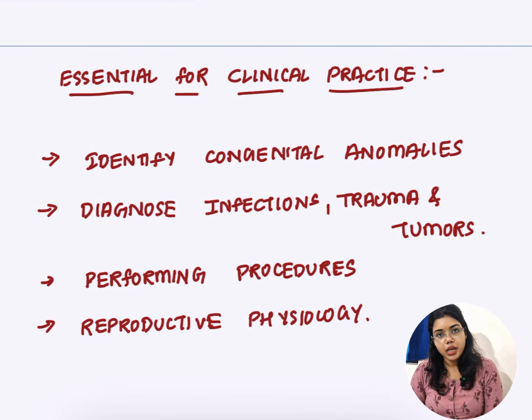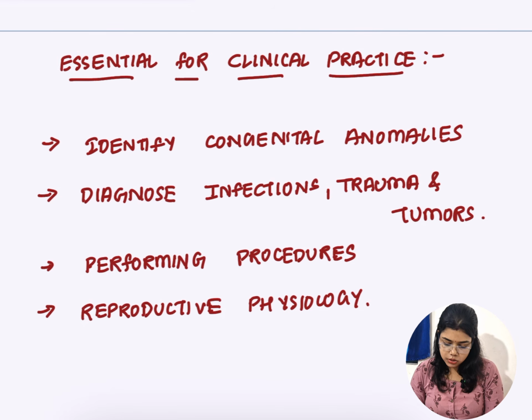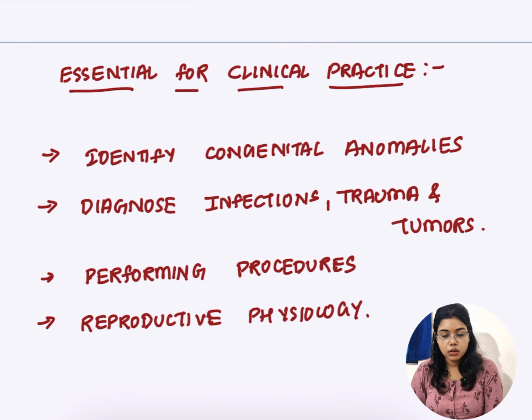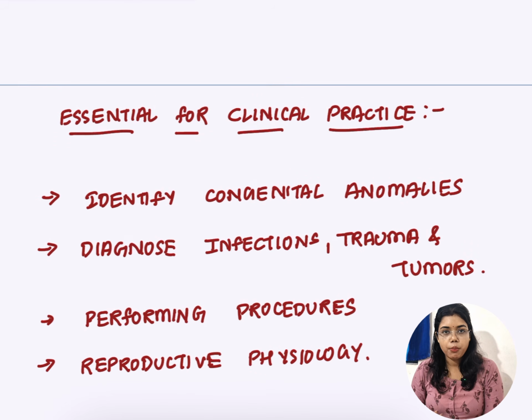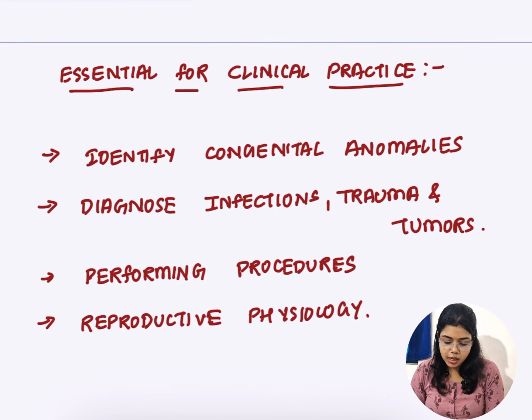Okay. Then next, tell me one thing. Why are we studying the external genitalia? Because it is essential for clinical practice, and we need to know the detailed anatomy so that we can diagnose infections, trauma, tumors, and other conditions. Then we can perform procedures like D and C, episiotomy and normal vaginal delivery better. And if we know the normal anatomy, then we can identify congenital anomalies.